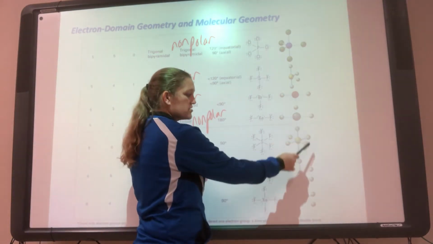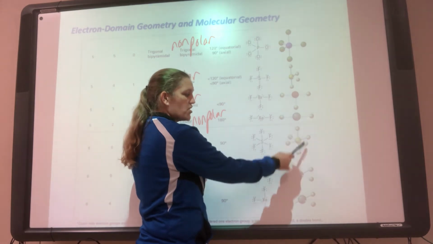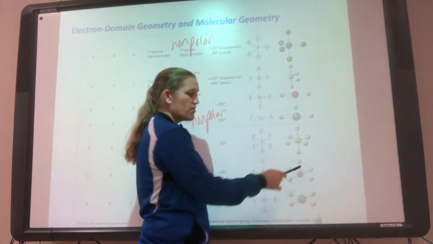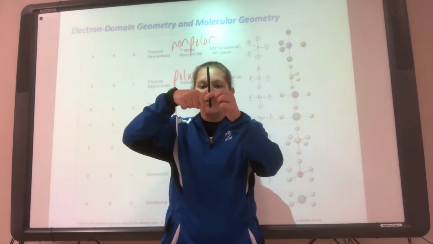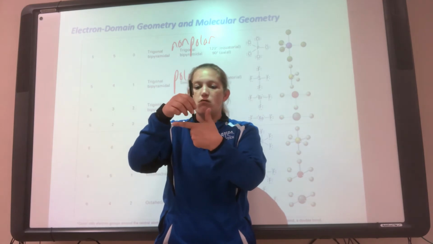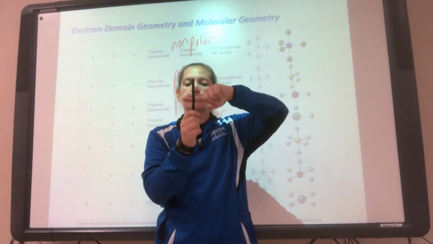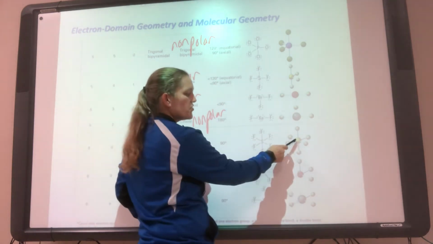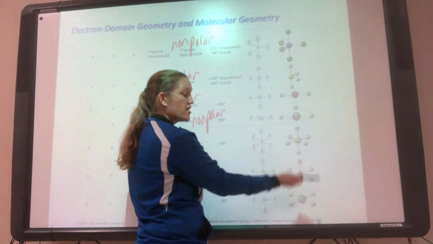All right, let's do the next one, octahedral. So this guy's on top, this guy's on bottom. So they both pull, they cancel each other out. These two are across from each other. It's kind of hard to draw. Oh, it's like this. Here you go. Okay. So this guy pulls and this guy pulls, so they cancel.